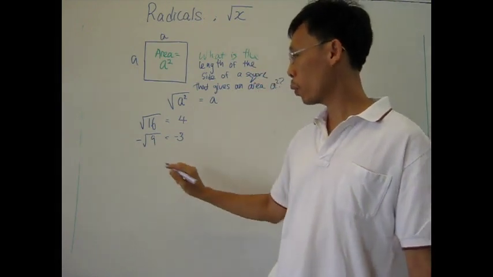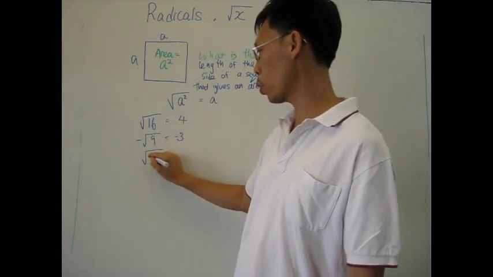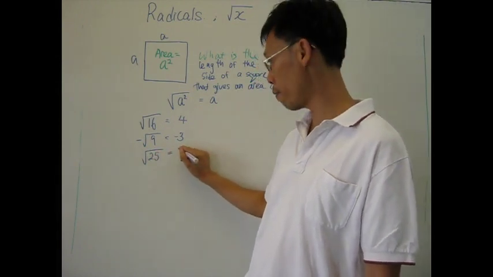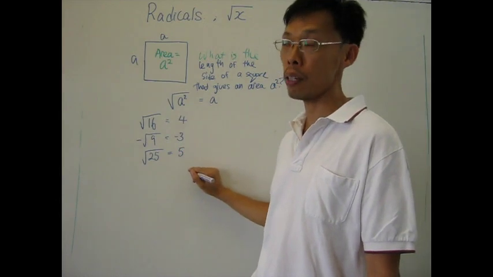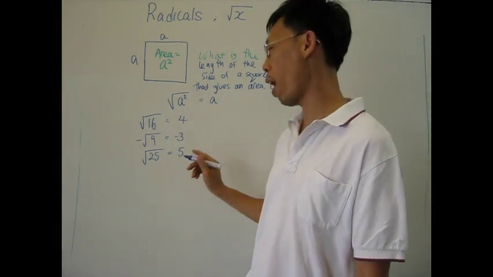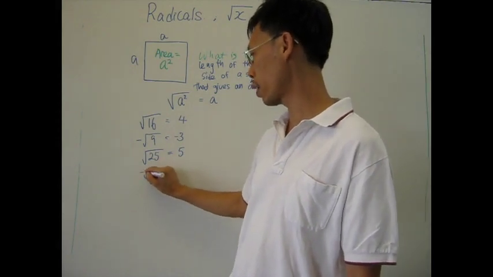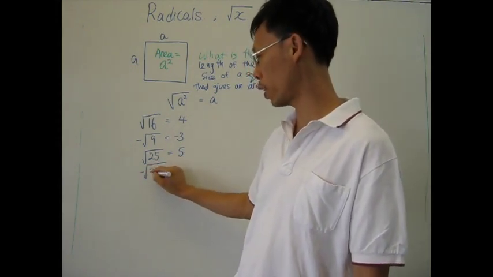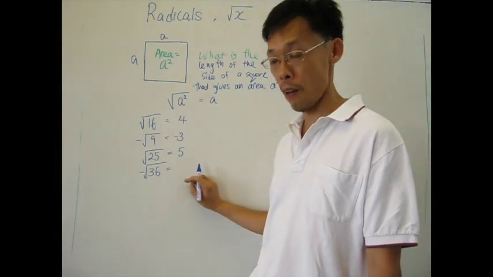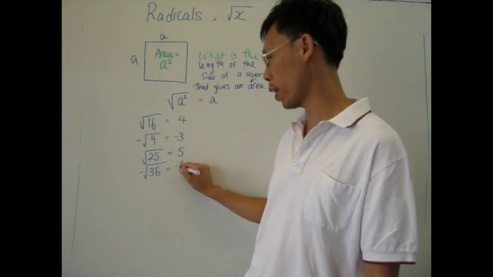Alright? So similarly, we would have something like this. 25, that will be 5. 5 squared is 25. What do I have to multiply together to get 25? The answer is 5. Similarly, if I have to answer this question, negative of square root of 36, what do you think the answer is? The answer is negative 6.